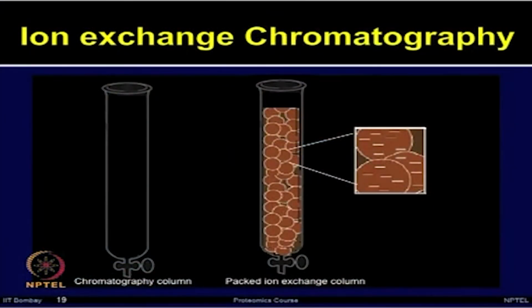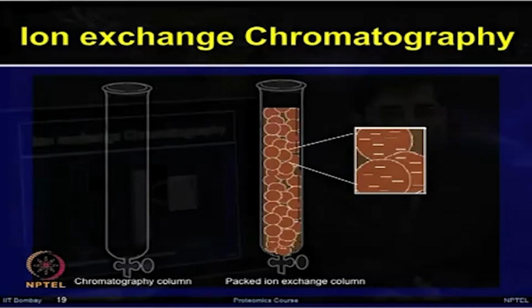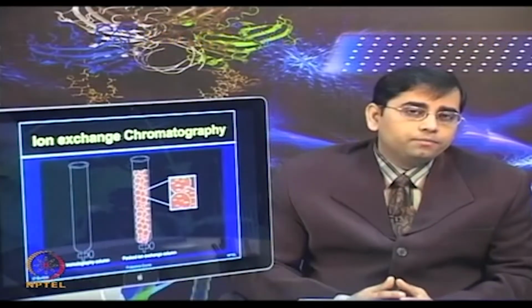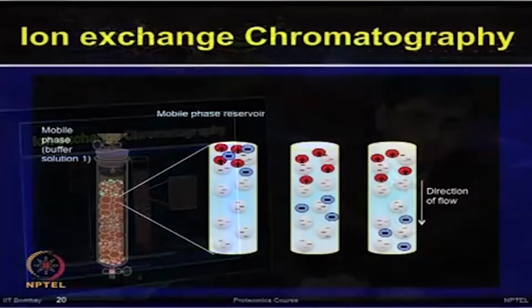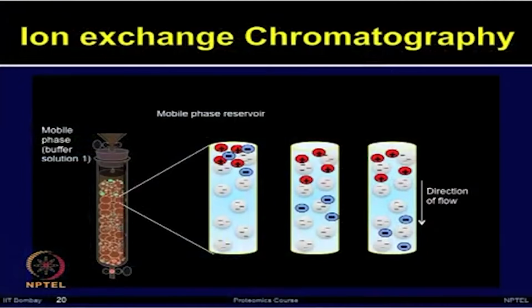So, in ion exchange chromatography, the column is packed with a resin, whether it is a cation or anion exchanger, depending upon the charge of the protein that needs to be bound to the column and purified. Proteins are adsorbed to the ion exchange column, and then can be desorbed by increasing the salt or altering the pH of the buffer, which can change the charge on the protein.